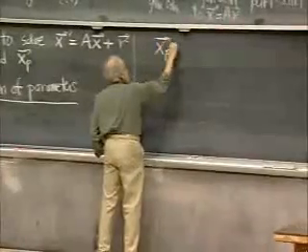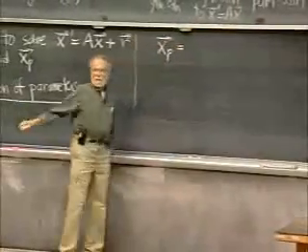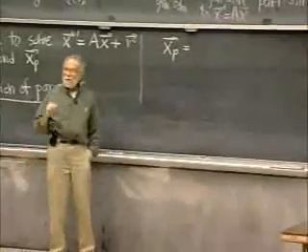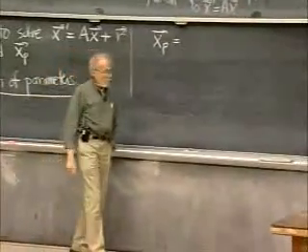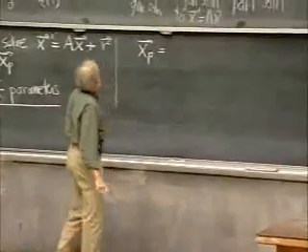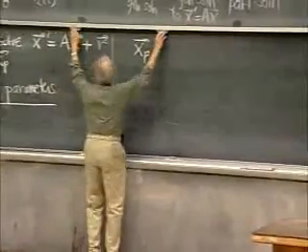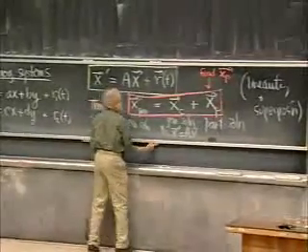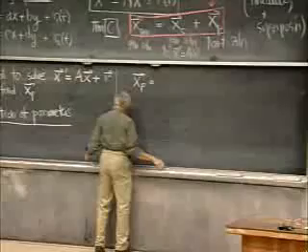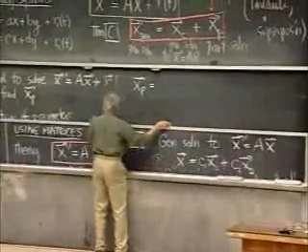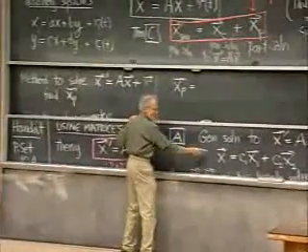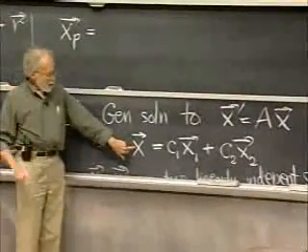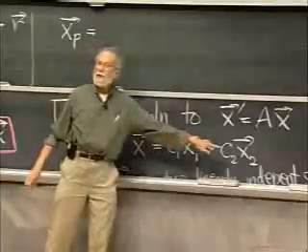So x_p, it says, look for a solution, and there will be one of the following form. Now, it will look exactly like this. Look carefully because it's going to be gone in a moment. But of course, it can't be this because this solves the homogeneous system.